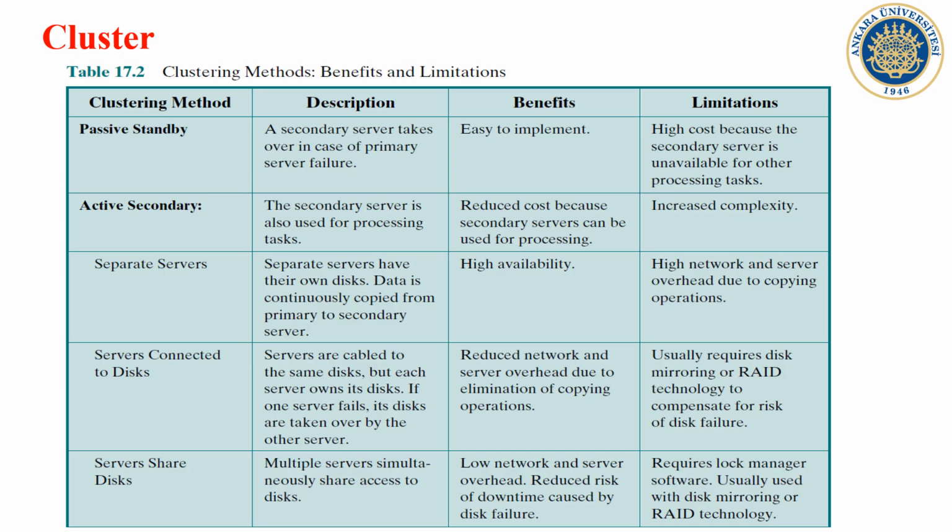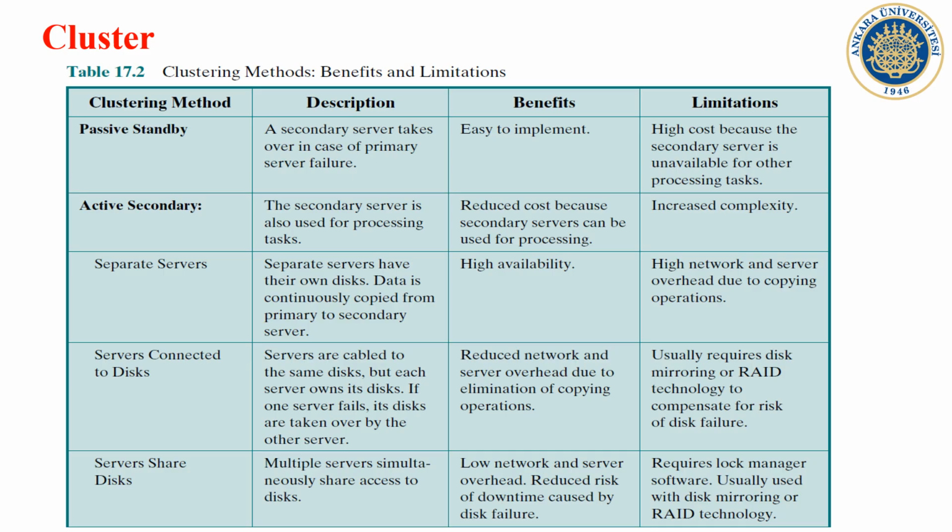In the servers connected to disks approach, servers are connected to the same disk system, but each server owns specific disk volumes. If a server fails, its disks are taken over by another server. This reduces network overhead but usually requires disk mirroring to handle disk failure. Finally, server shared disk, also known as the shared disk approach, where multiple servers access the same disk simultaneously.